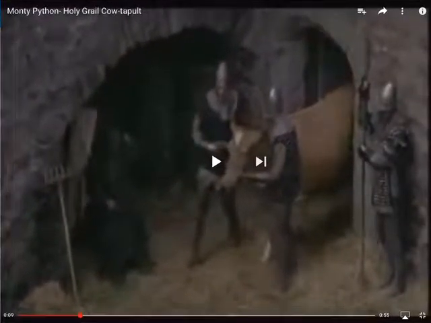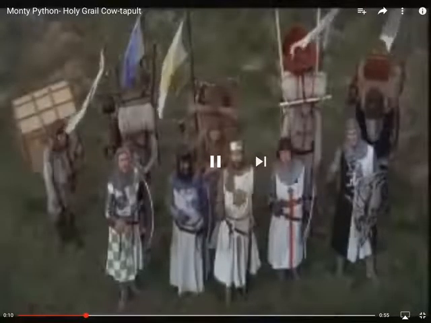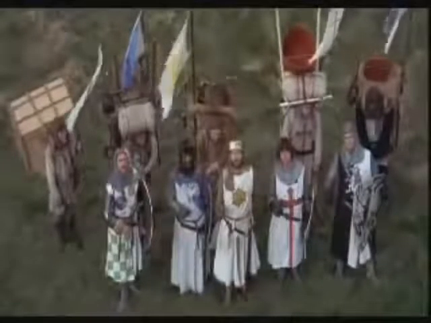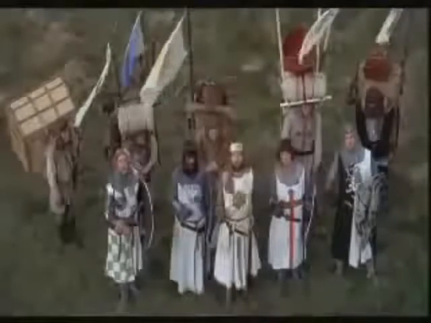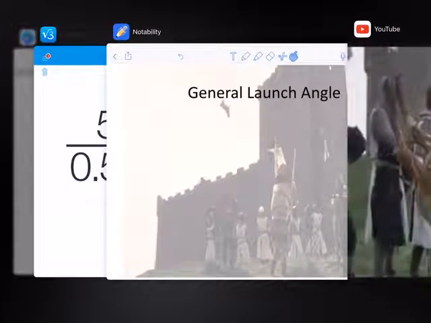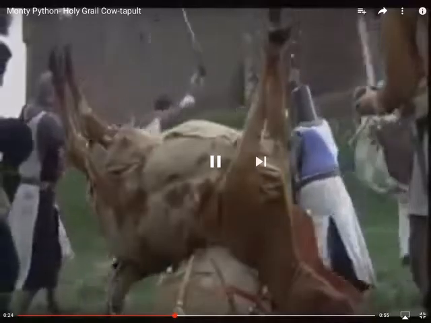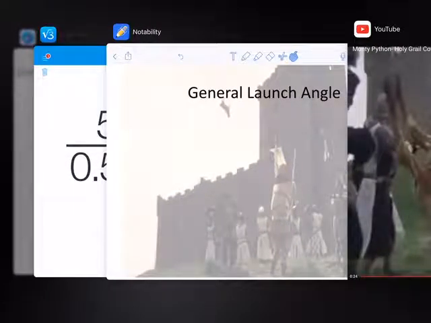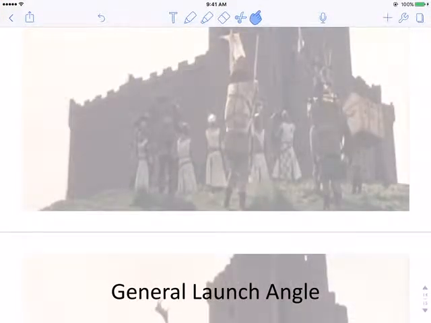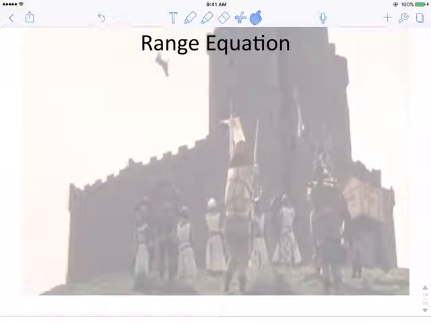So let's say a cow is launched from a castle and you are trying to figure out how far away from the castle this cow lands.